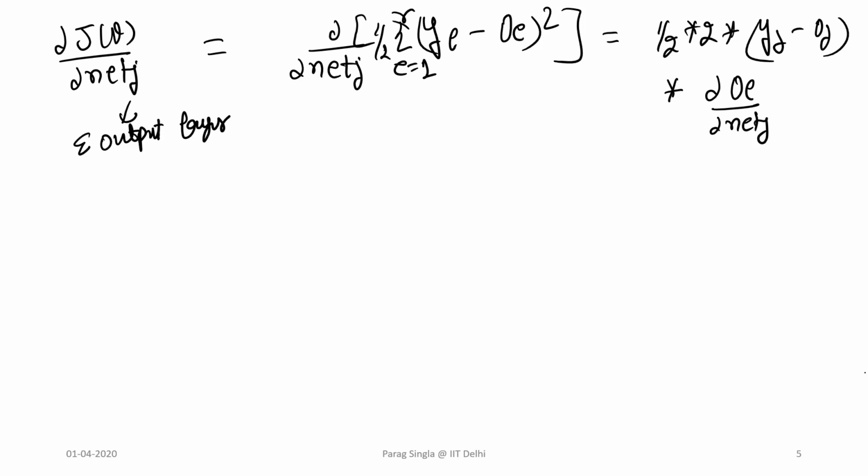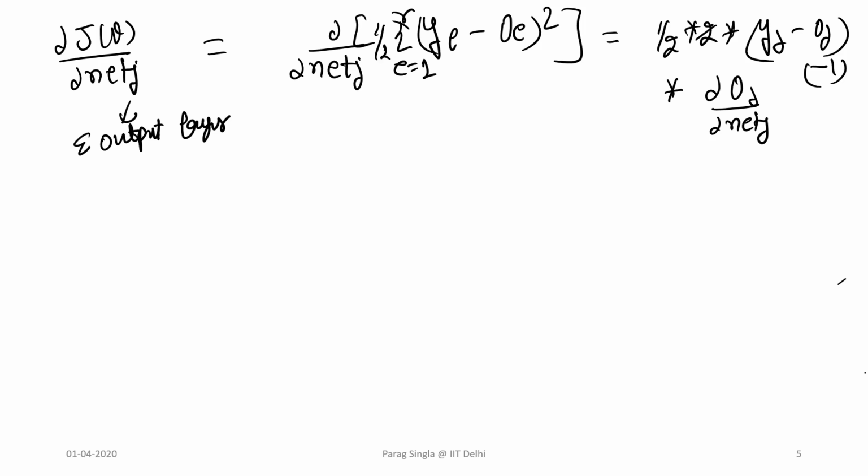Sorry, this should be net j. And of course there is a minus 1 here, because the derivative of the square is yj minus oj times the derivative of that, and oj appears negative in yj minus oj.